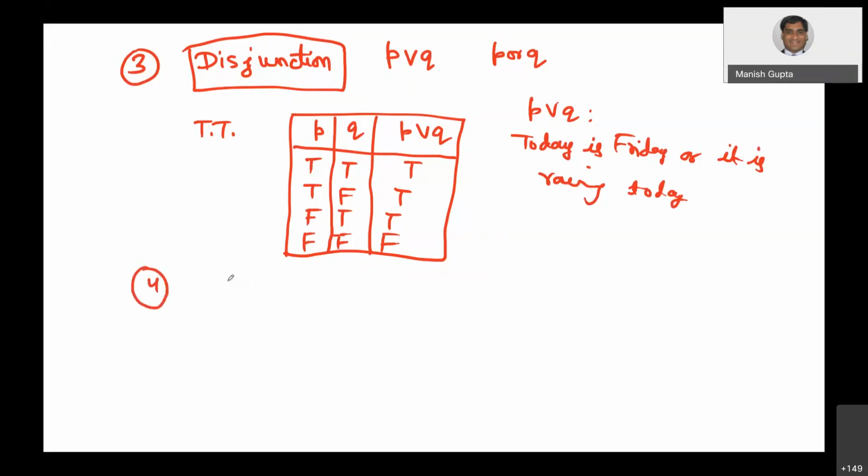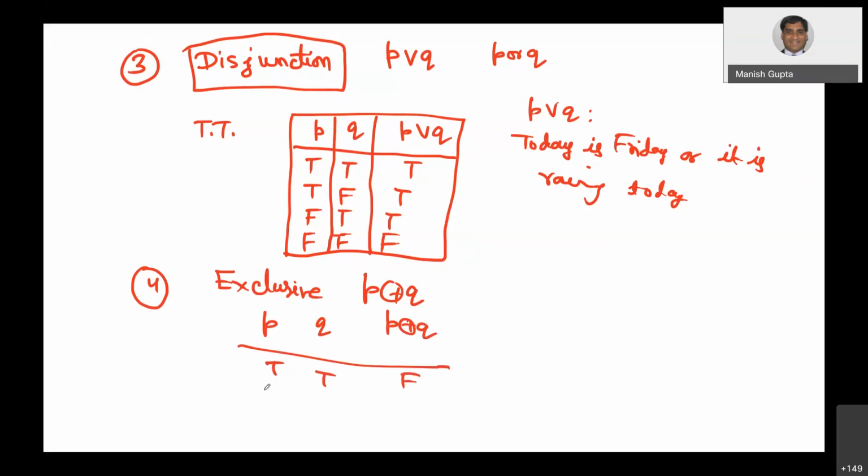The fourth operation is exclusive. Exclusive means P exclusive Q. So the truth table for this is: P, Q, P exclusive Q. If P is true and Q is true, then this is false.